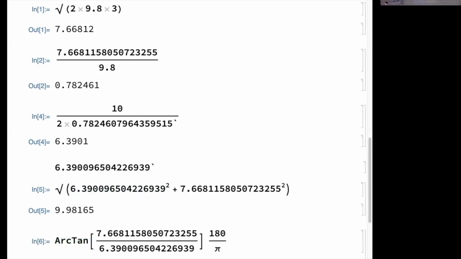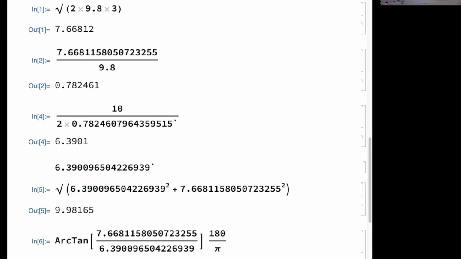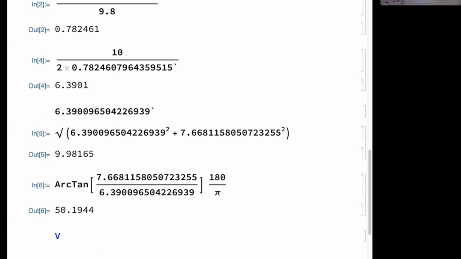Our velocity is 9.98 meters per second. We're going to round that off. So to summarize, V is going to equal 9.98 meters per second.